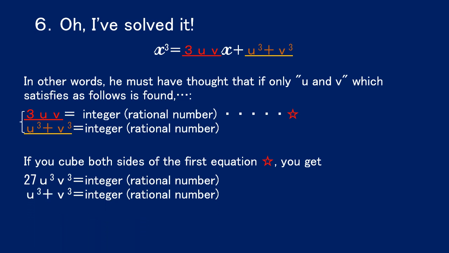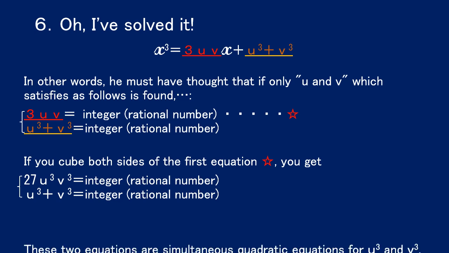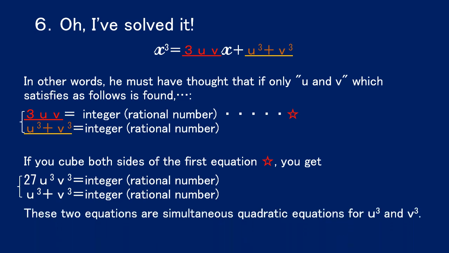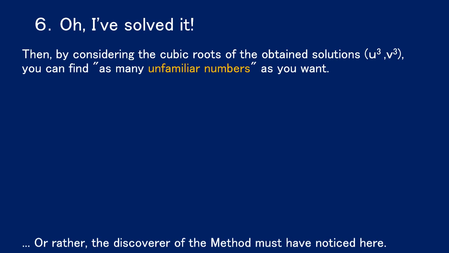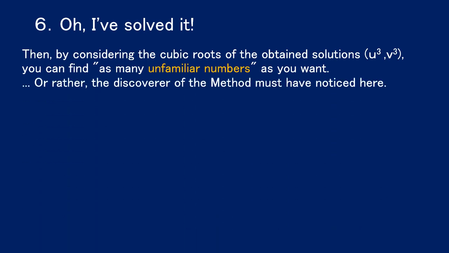U cubed plus v cubed equals an integer, or rational number. These two equations are simultaneous quadratic equations for u cubed and v cubed. Therefore, they can be solved. Then, by considering the cube roots of the obtained solutions u cubed and v cubed, you can find as many unfamiliar numbers as you want. Or rather, the discoverer of the method must have noticed here.